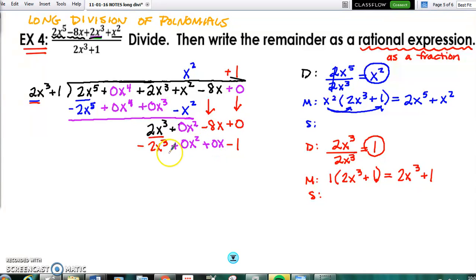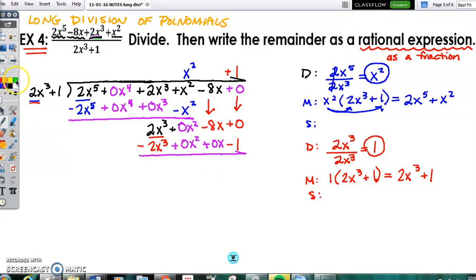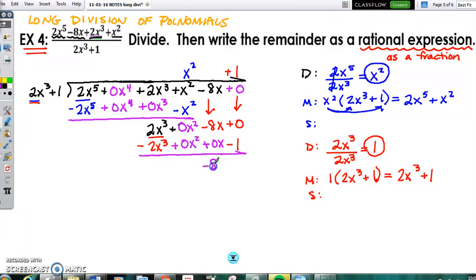But you don't have to put in all those placeholders in here when you're subtracting. Just might help you. 2x cubed minus 2x cubed, 0. 0 minus 0, 0. Negative 8 minus 0. I like to call that negative 8 where I'm from. With an x.